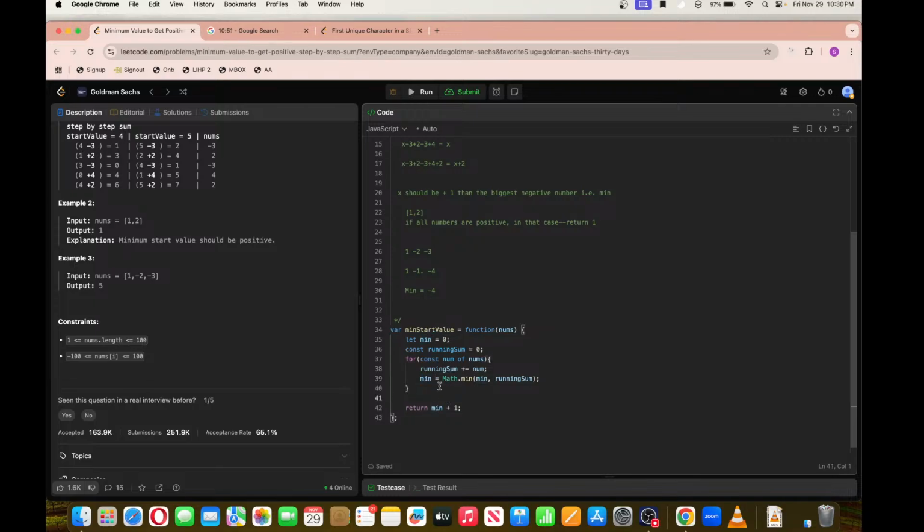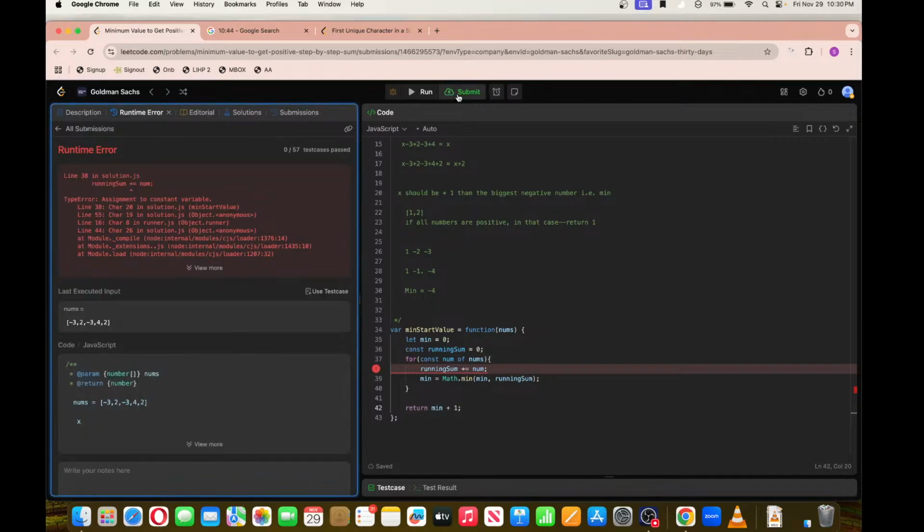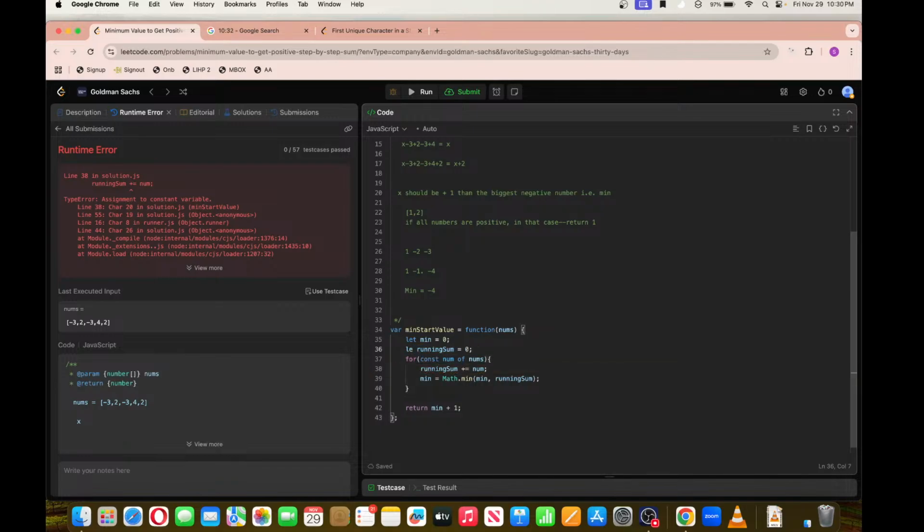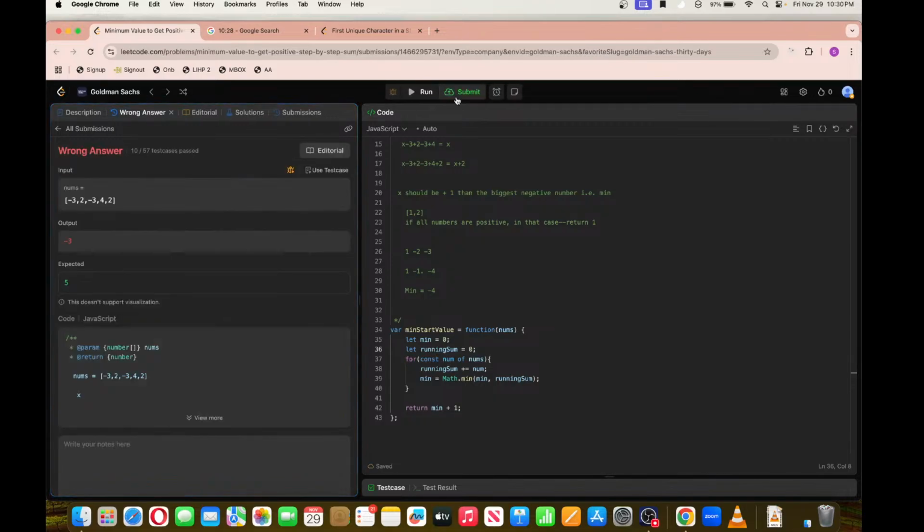If everything is positive, then minimum will be 0 only, so the answer will be 1. I got minus 3 and expected is 5.